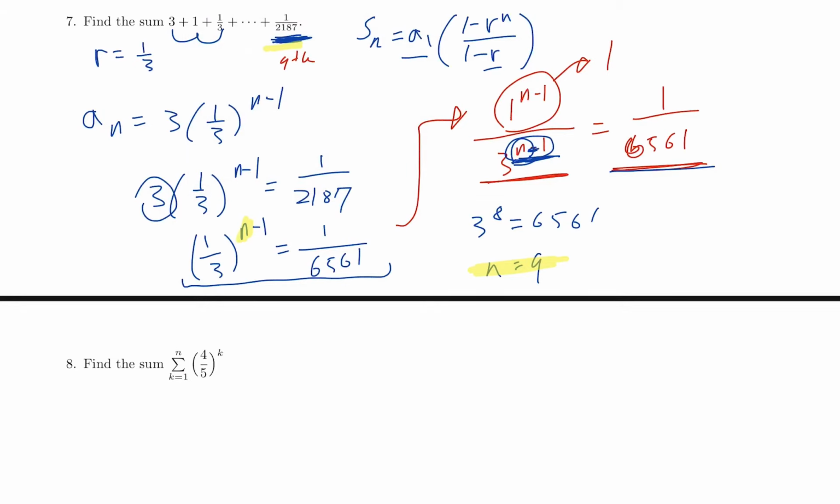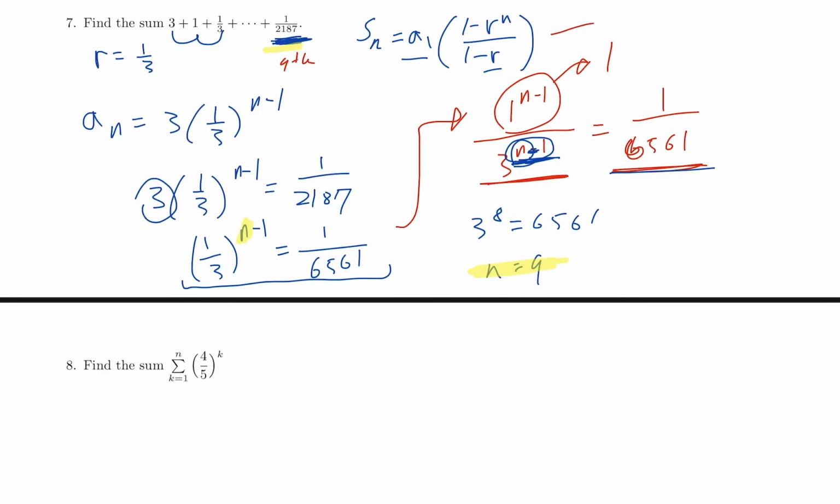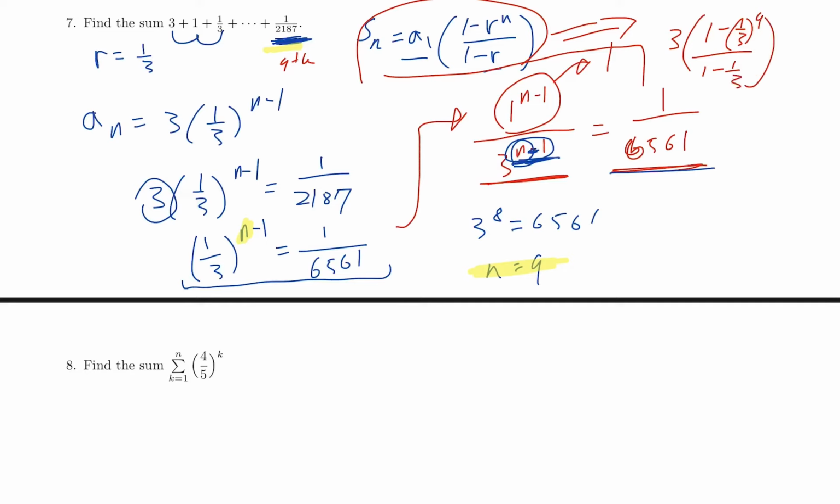So applying the formula, let me just write it here. Our sum is 3 multiplied by 1 minus the common ratio 1/3 to the 9th power over 1 minus 1/3. Okay. And this one, I don't require you to simplify.